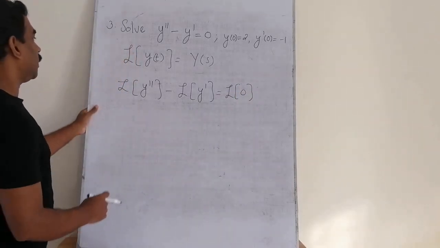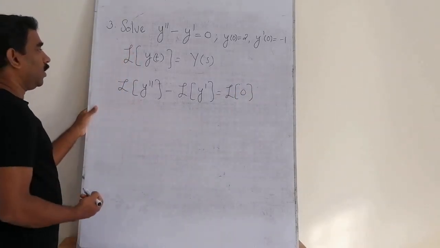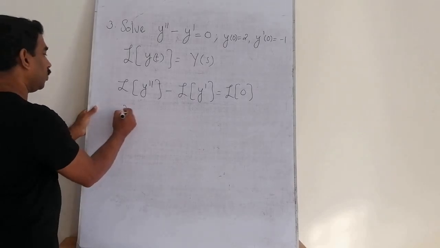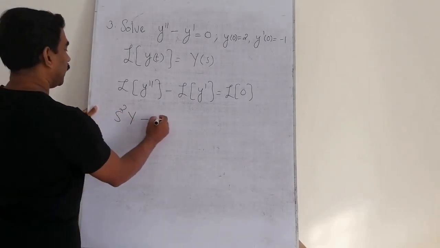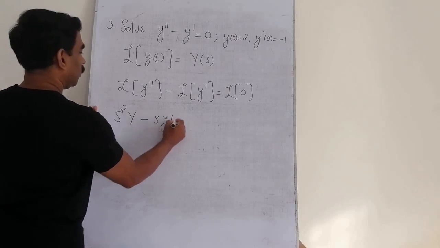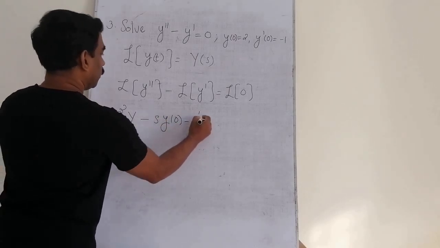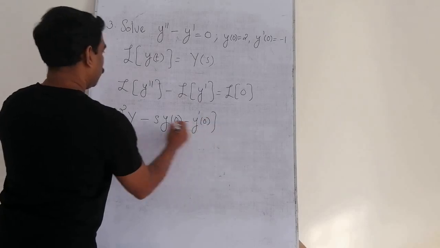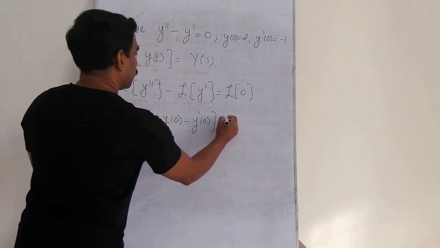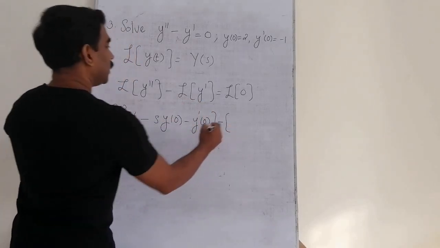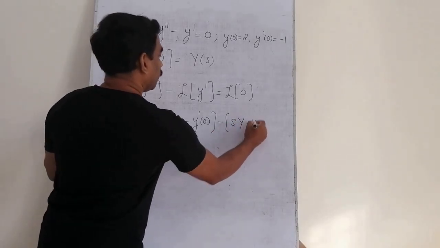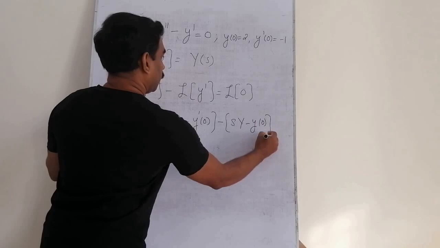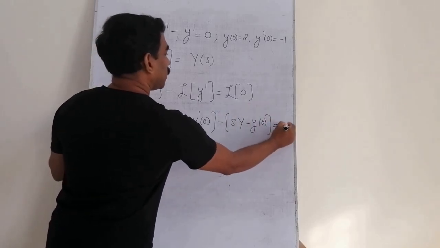And applying the result for transforms of derivatives, we have L of y double dash is s square into L of y, that is capital Y, minus s into y of 0 minus y dash of 0, minus, and L of y dash is s into L of y, that is capital Y, minus y of 0, and the Laplace transform of 0 is 0.